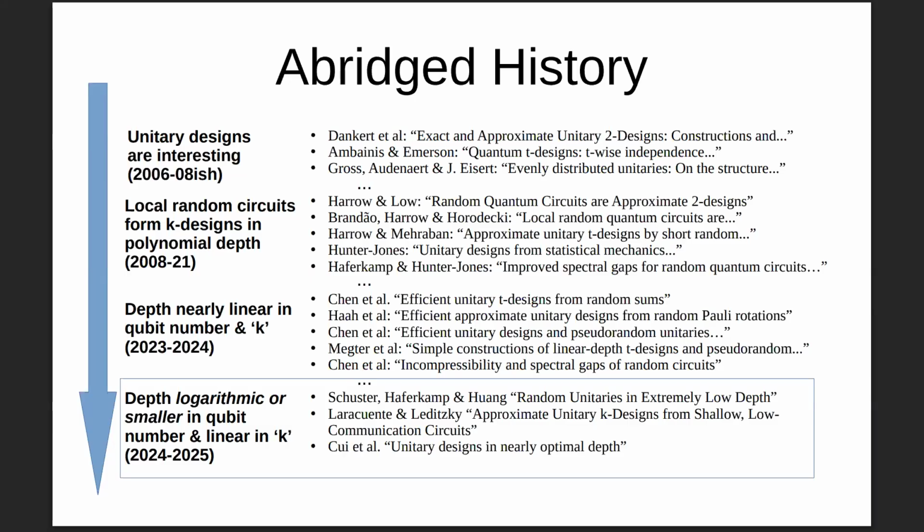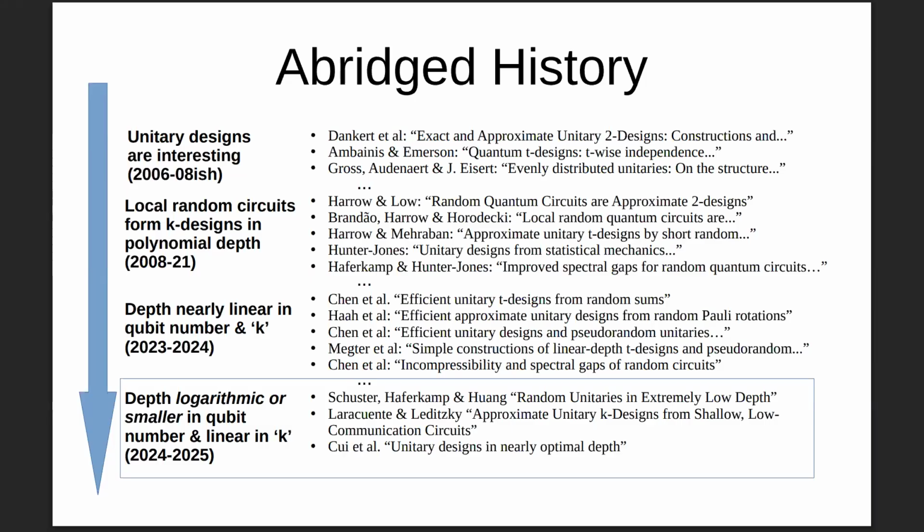And of course, that's a big jump from the exponentially deep circuits you would need to make truly typical, uniformly distributed unitaries. And then people were chasing this goal of showing that if you have n qubits and you want a K design, the depth should be about nk. And that was considered the big thing then.